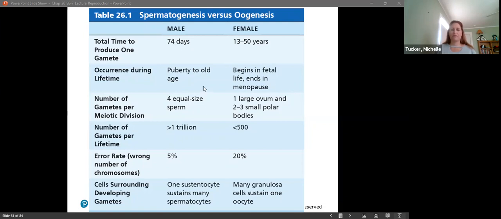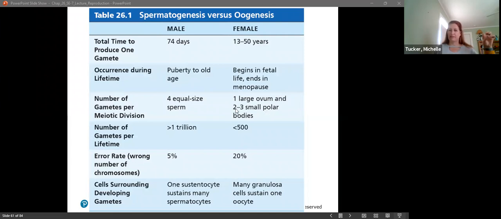For males, 4 equal-sized spermatids are produced, which then mature into sperm. For females, 1 ovum containing pretty much all the cytoplasm, all the organelles, all the nutrients, and then 2 to 3 small polar bodies.